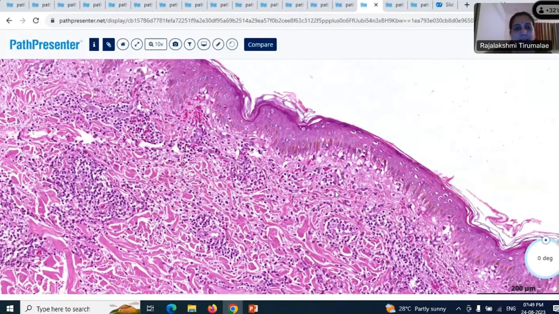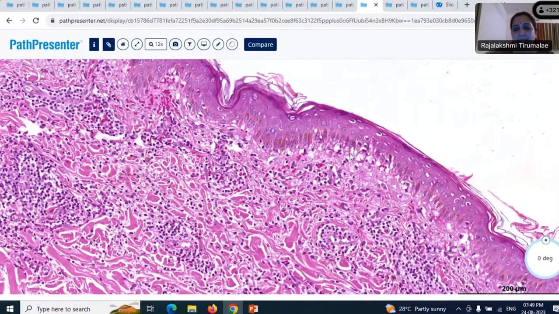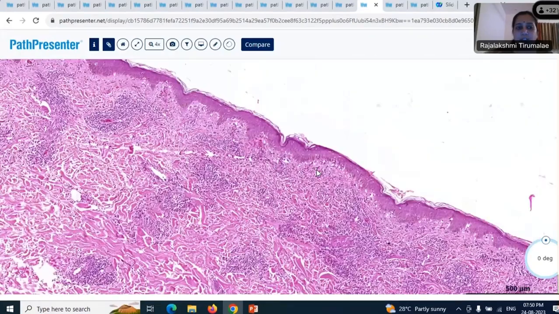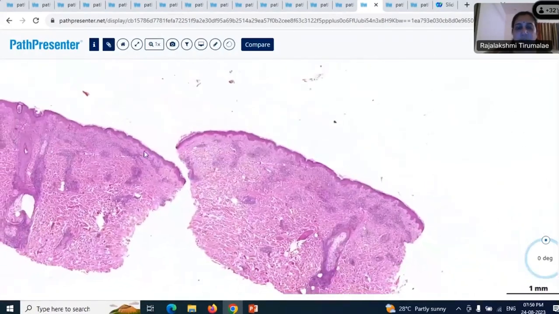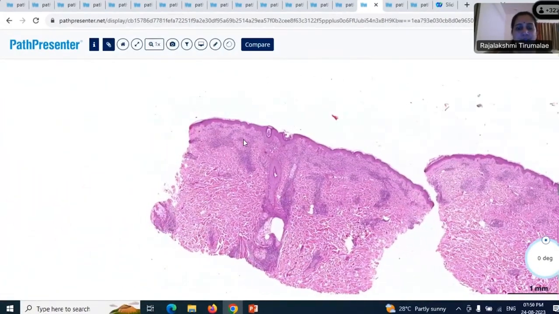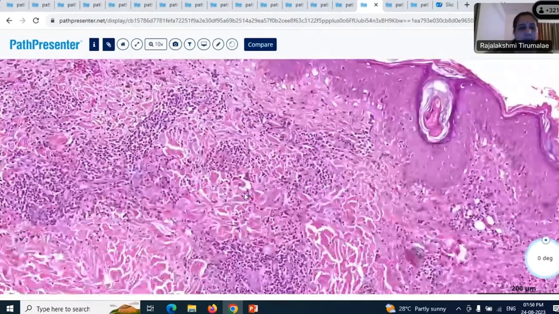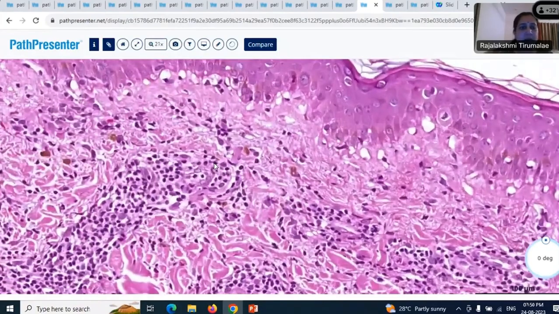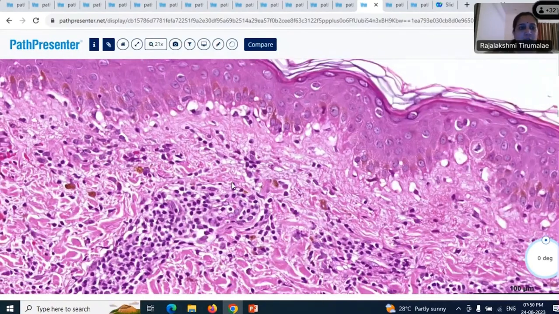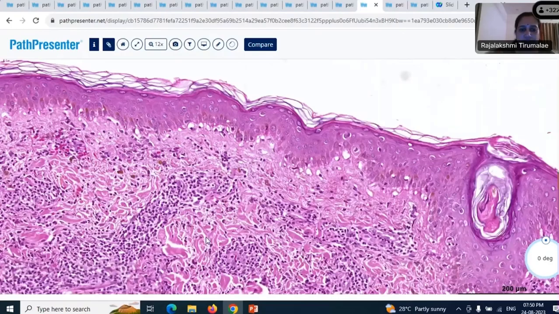And what you're seeing is extensive basal vacuolar alteration. So that's one of the features of interface dermatitis, right? There are not so many necrotic keratinocytes. Perhaps there are occasional ones here and there. But what is striking is the atrophy and the basal vacuolar alteration.